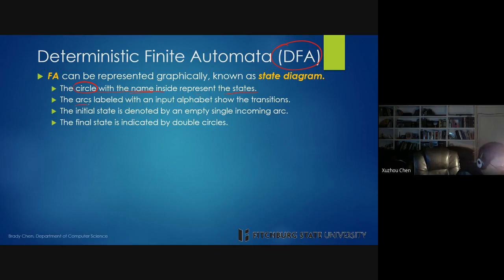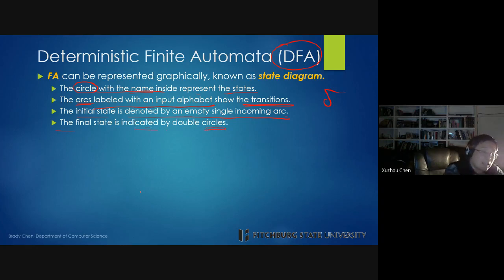The arcs, lines with arrows labeled with an input alphabet symbol, define the transition, the delta. The initial state is denoted by an otherwise empty incoming arc, and the final state is indicated by a double circle.